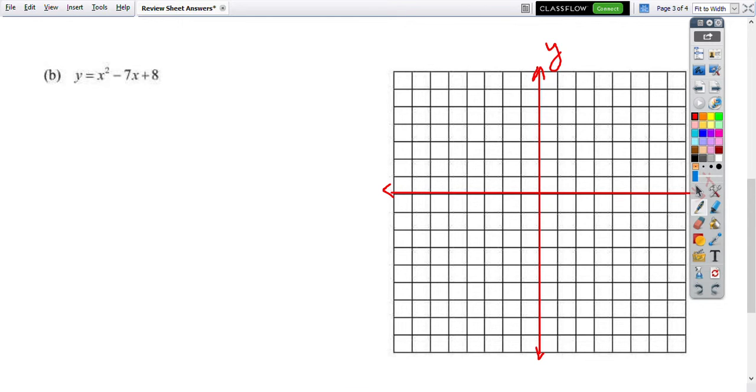All right. Second graph. y equals x squared minus 7x plus 8. And it broke. Alright, and oh, look at that. The vertex stayed with it. Let's delete that point though. Actually, we're going to go new document.